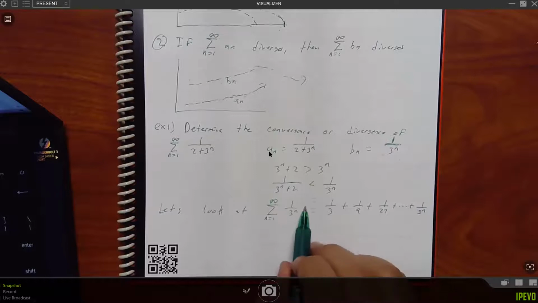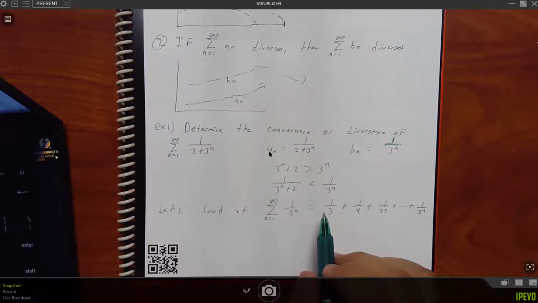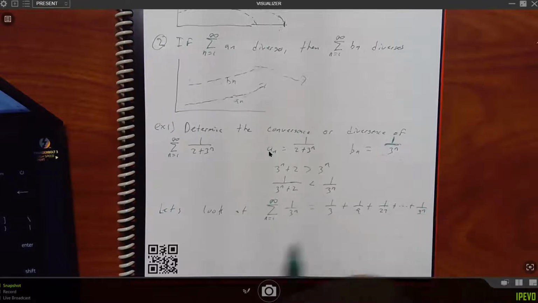Right? What test would you want to use when you see this? We have the integral test, the nth term test, geometric test, p-test, and now we're using direct comparison right now.